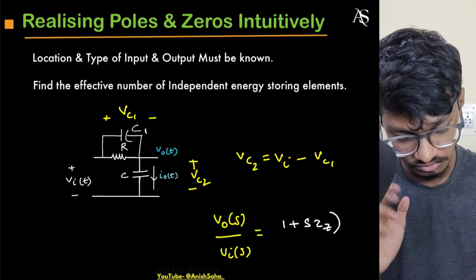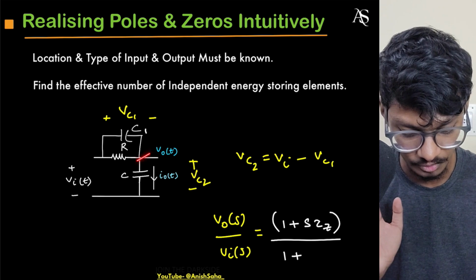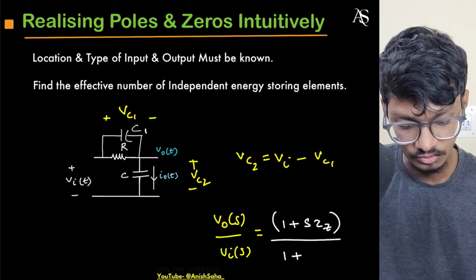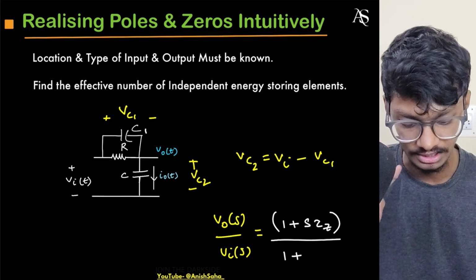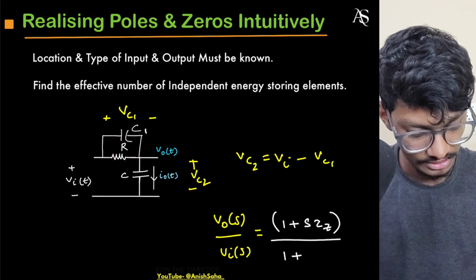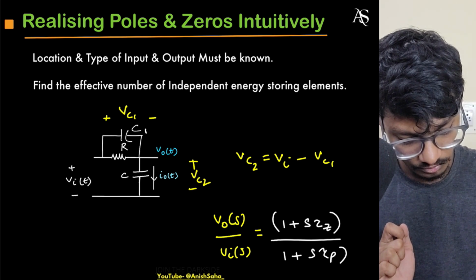So this is some zero, I don't know, and we have some pole as well. The pole you can compute here: C1 and C2 are in parallel with each other, so it will be C1 plus C2, that is 2C, times R. The pole will be at minus 1 by 2CR, but I'm not interested in that, I'm just interested in the order. So this will be some pole tau p.